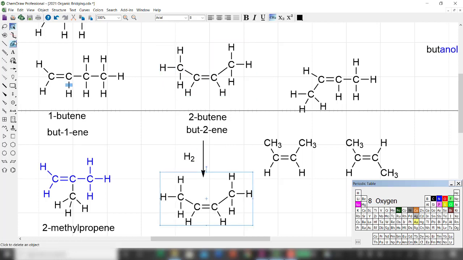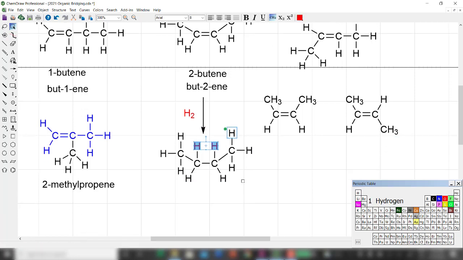Okay, so that's what we call an addition reaction. So you become butane that looks something like this. In secondary school, you have learned it as an addition reaction. In case you vaguely have some memory about it, that's good.